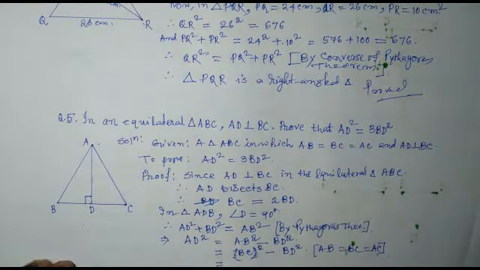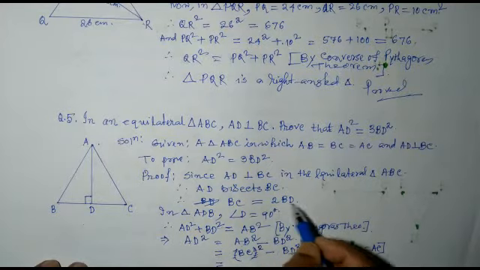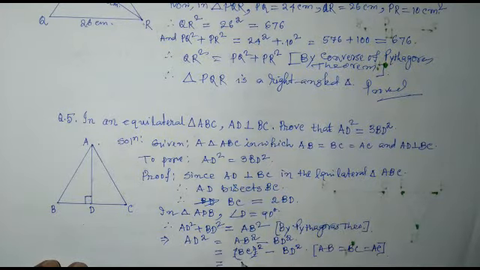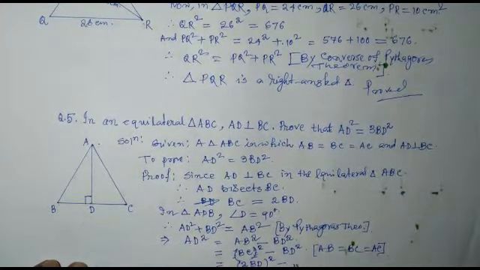Now let us see the value of BC square. This BC we have written as twice BD. So we can write here twice BD whole square minus this BD square.